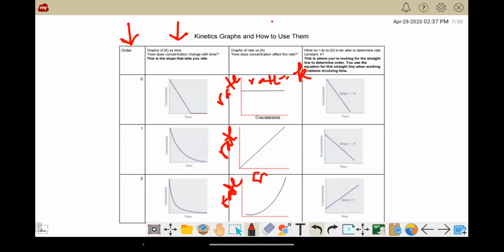If we were to have a first order reaction, we would be graphing rate equals K times A, and we would have a constant straight line slope. If we were to have a second order reaction, rate equals K times A squared. As the concentration of A increases, the rate of the reaction increases at a rate of 2 of those A's every time.